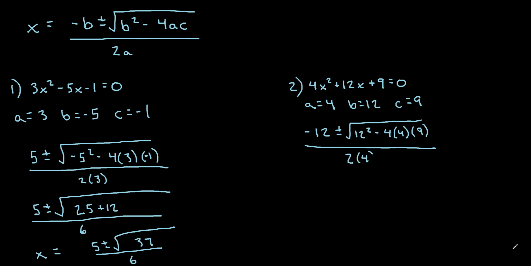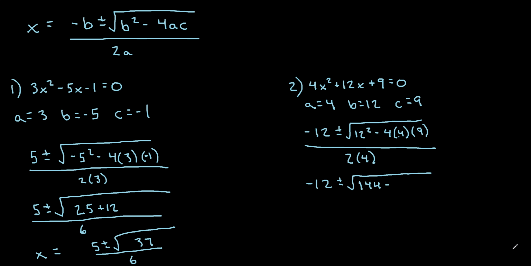So we get negative 12 plus or minus the square root of 12 squared, that's 12 times 12 is 144, minus 4 times 4, that's 16. 16 times 9 is 144. You can use a calculator if you'd like to verify that. All over 2 times 4, which is 8.